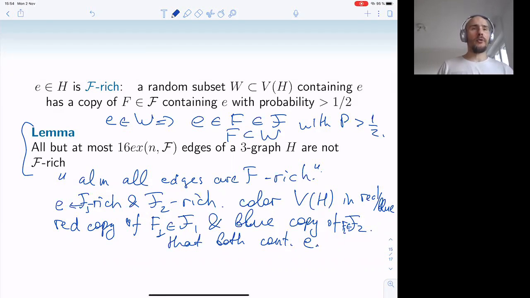If you color randomly in red and blue, then the red vertices form this random subset W, and the probability that E is contained in the copy is bigger than 1/2.